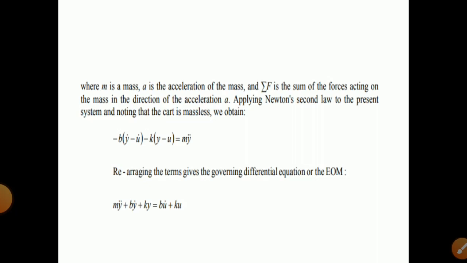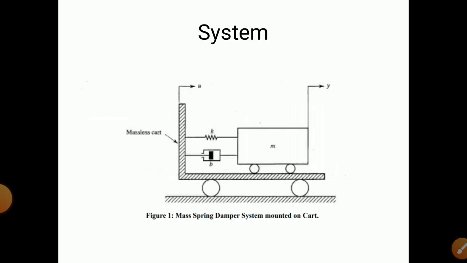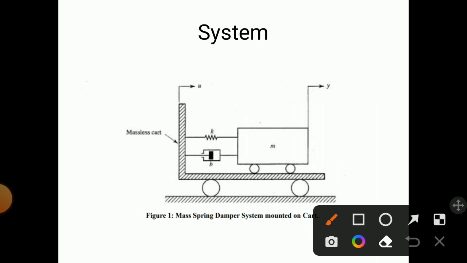So here we have to take the summation of forces. Let's discuss on the diagram. Two types of displacements are shown, one is y and one is u. y is of the mass m and u is of the massless cart. Because of the spring, force is applied.